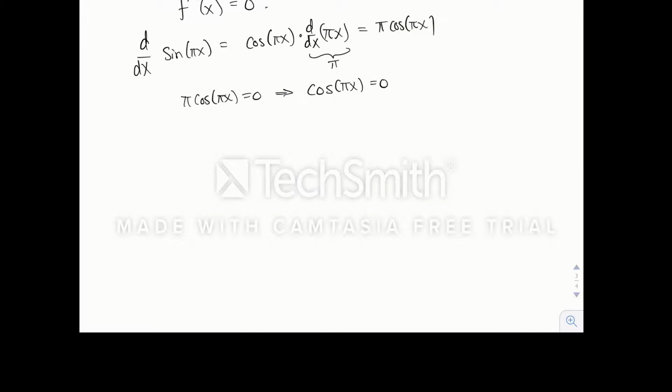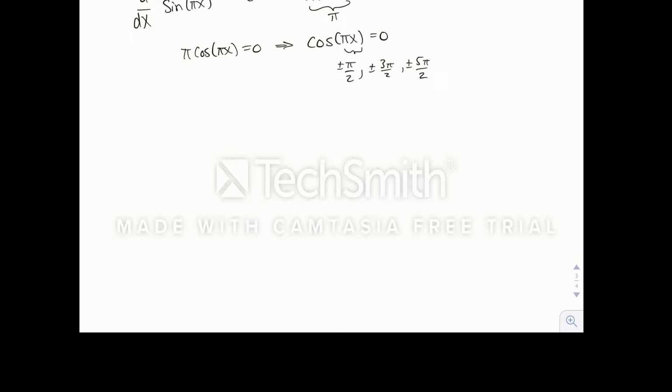We know that cosine of any argument is equal to 0 when that argument is plus or minus pi over 2, plus or minus 3 pi over 2, plus or minus 5 pi over 2, any odd multiple of pi over 2. So we want pi x to equal one of these multiples of pi over 2.